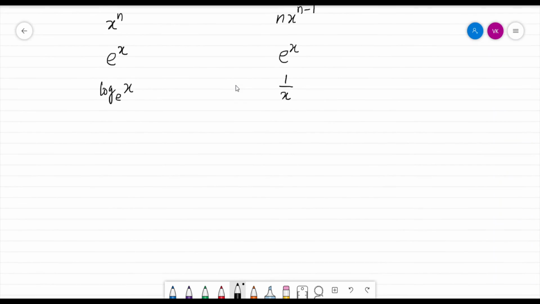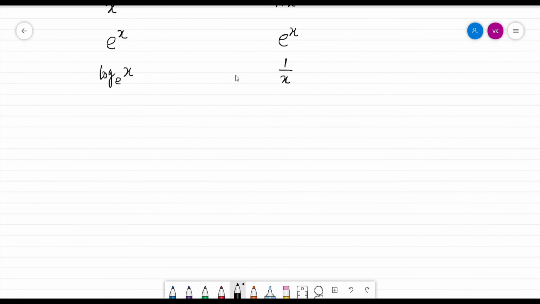Now let's write down the formulas of a few trigonometric functions. Derivative of sin x is cos x. Derivative of cos x is minus sin x. Derivative of tan x is secant squared x.